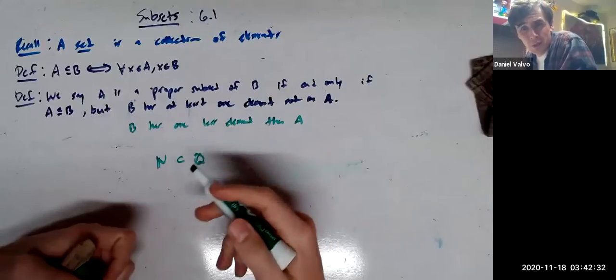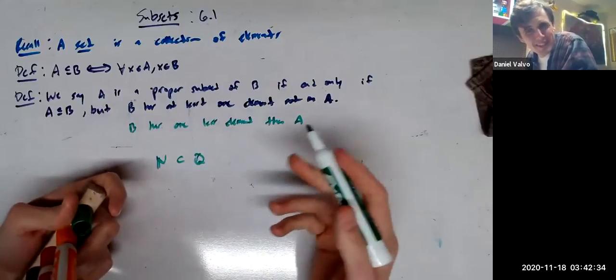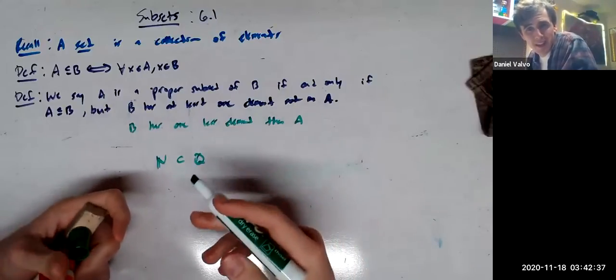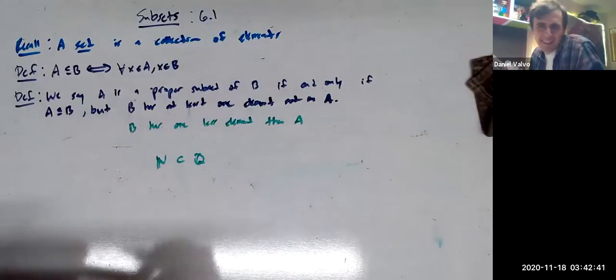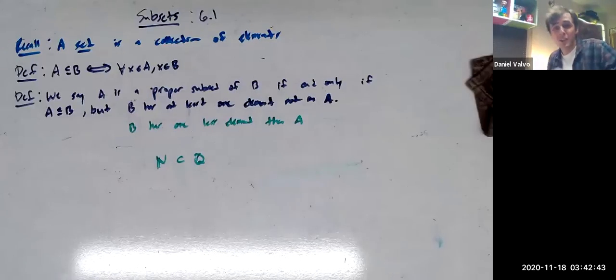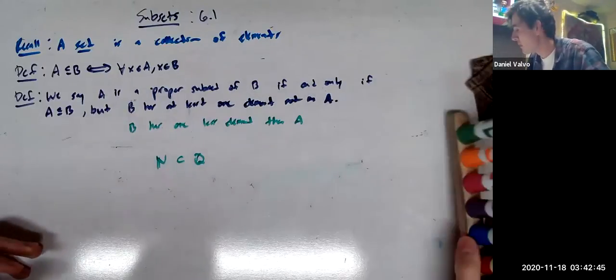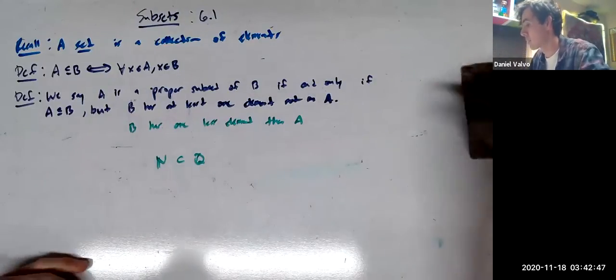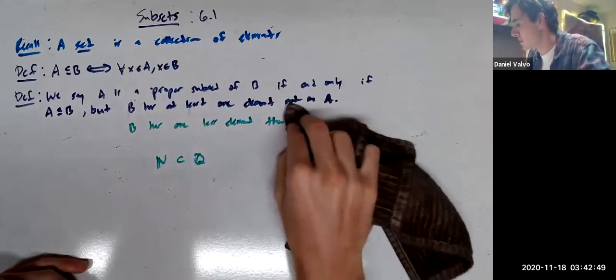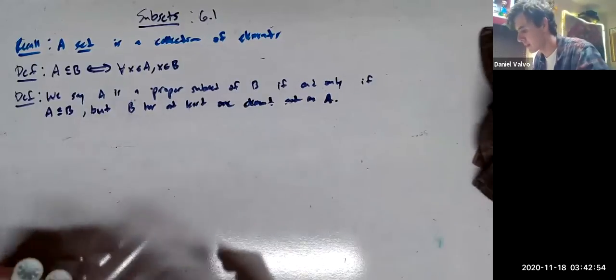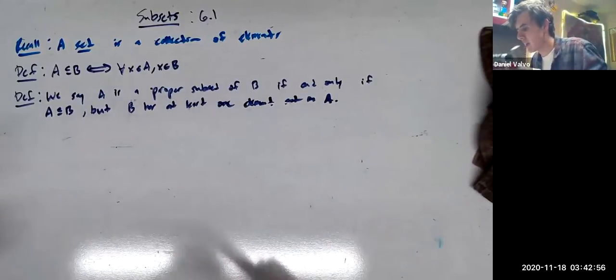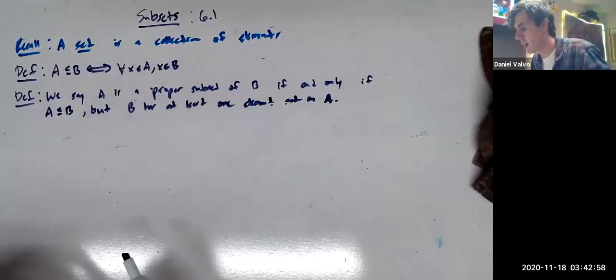So infinity minus 1, is it one less than infinity? See what I'm saying? We're actually talking about infinity a lot later. But for now, we're not even going to deal with it. We're going to get around the problem by not even mentioning the number of elements. We're just going to say that B has at least one element not in A. So anyway, these are subsets. These are proper subsets.